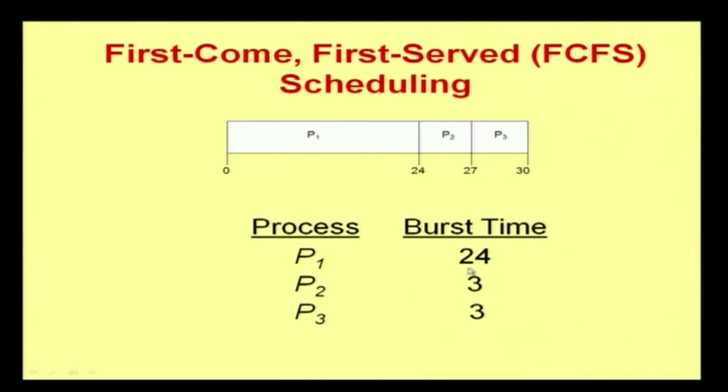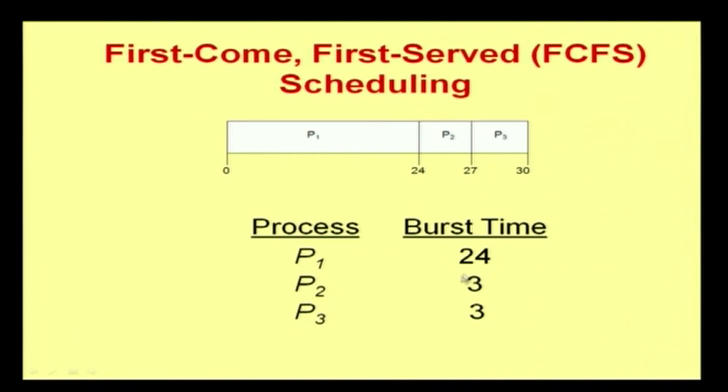What is the burst time? The time taken for a particular process to get executed fully is called burst time. For example, P1 takes 24 milliseconds to complete, P2 takes 3 milliseconds, and P3 takes 3 milliseconds.